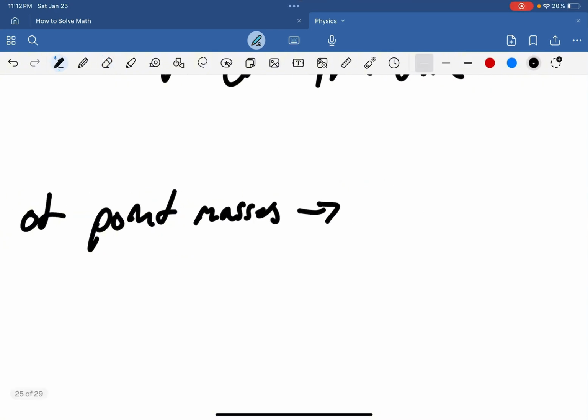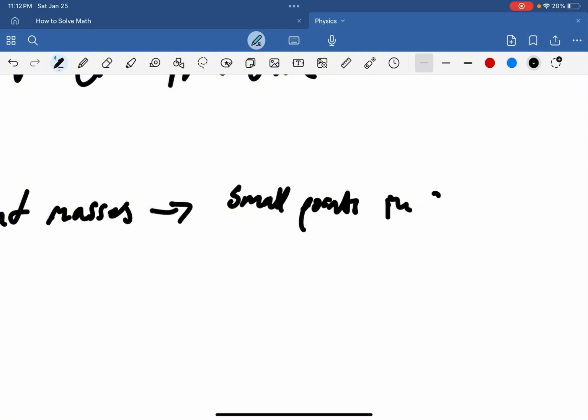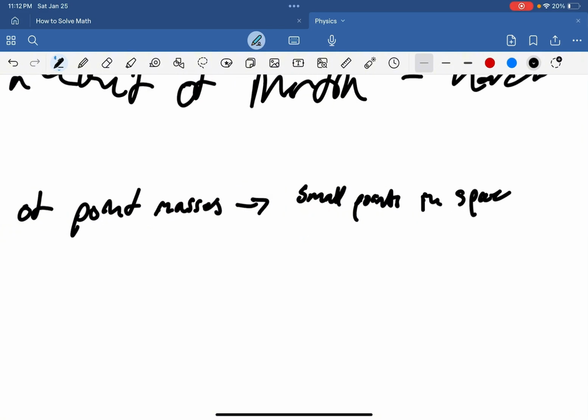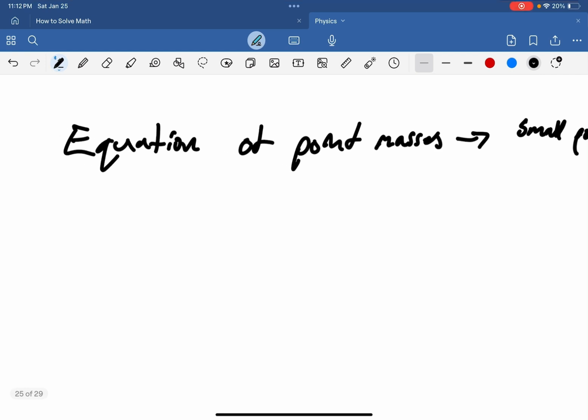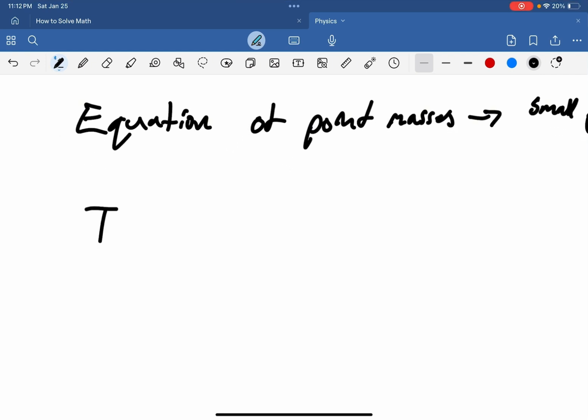Point masses are just small points in space. There we go.